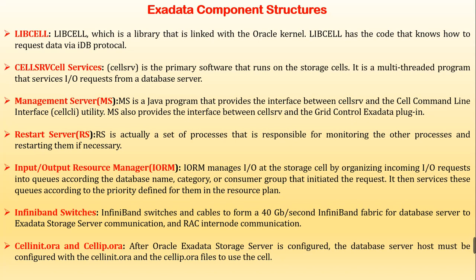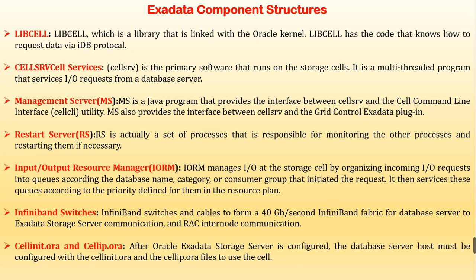Another is the management server, MS. MS is a Java program that provides the interface between cell services and the cell command line interface, CellCLI utility. MS also provides the interface between cell services and the Grid Control Exadata plugins. And another is the restart server, RS. RS is actually a set of processes responsible for monitoring the other processes and restarting them if necessary.